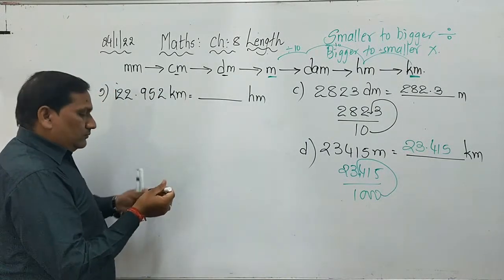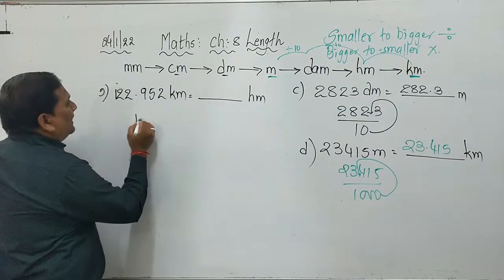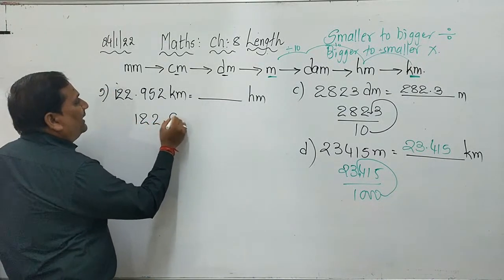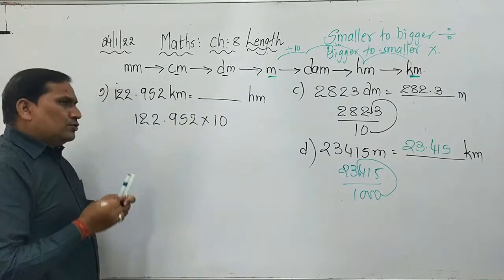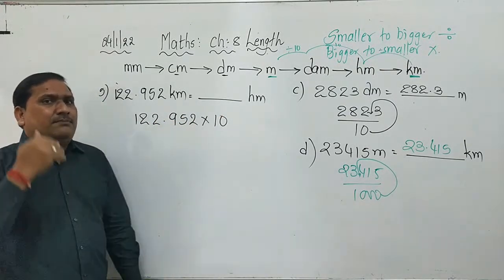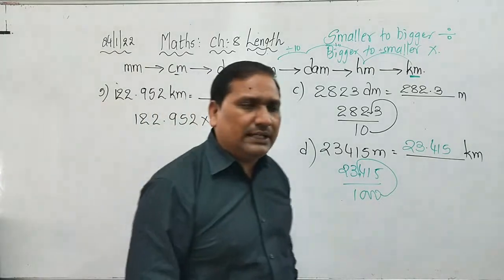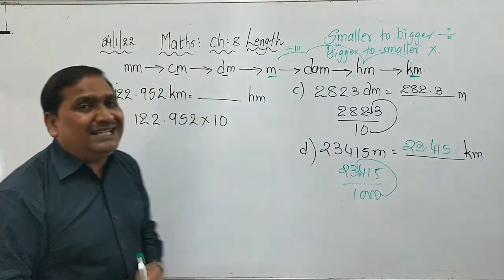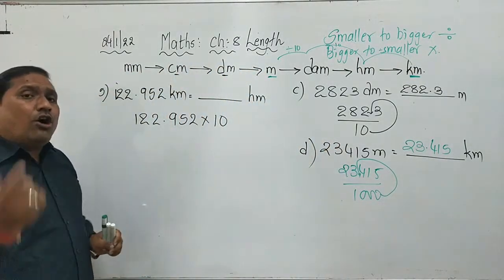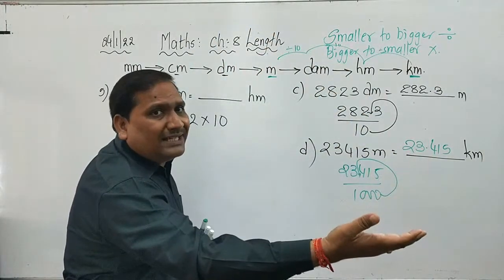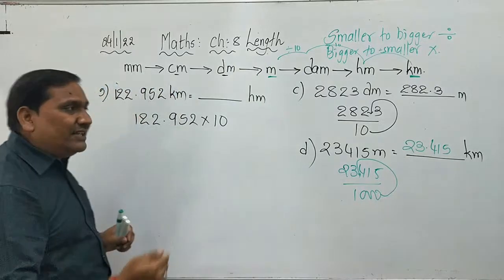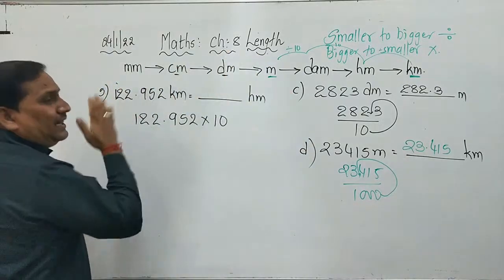So 122.952 multiplied by 10. When it is multiplication by 10, 100, 1000, we have learned a very easy method. If it is multiplication, we have to jump to the right hand side. If it is division, we have to jump to the left hand side.